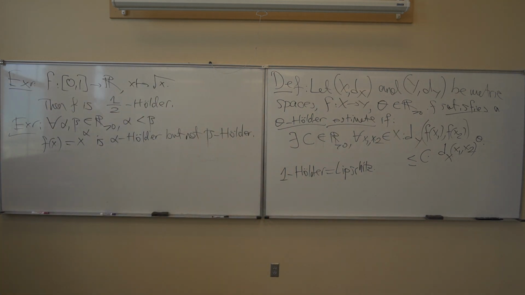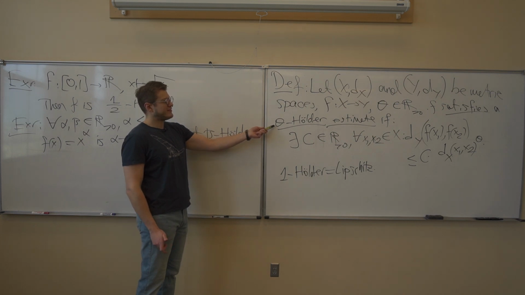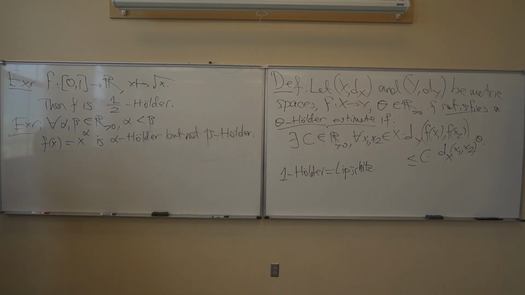Okay. Now what is going on here? Somehow you want this theta to be as large as possible. In other words, the larger the theta is, the better the function becomes, the more control you have. Okay, so let me write that.